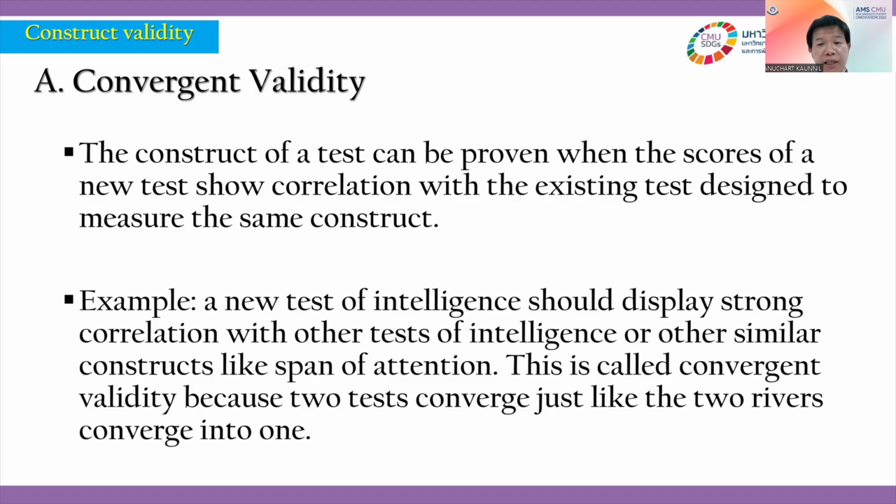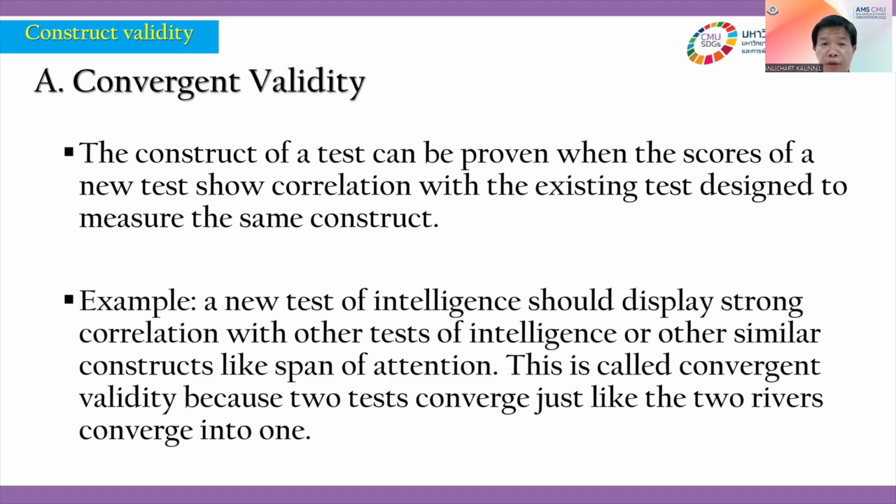A new test of intelligence should display strong correlation with other tests of intelligence, such as IQ or other similar constructs. This is called convergent validity because two tests converge, just like two rivers converge into one.